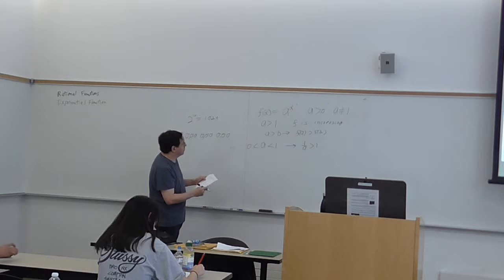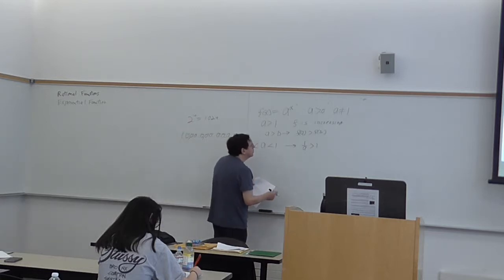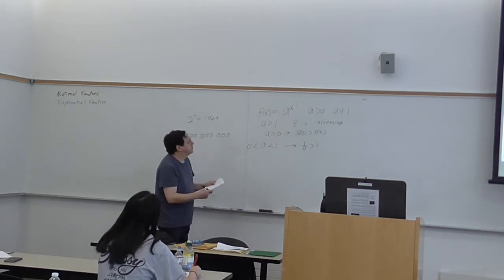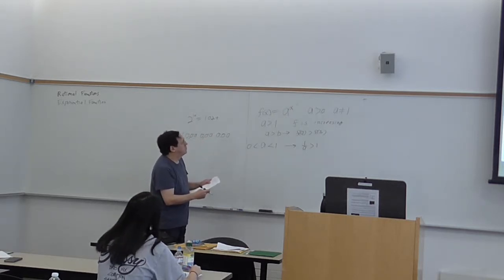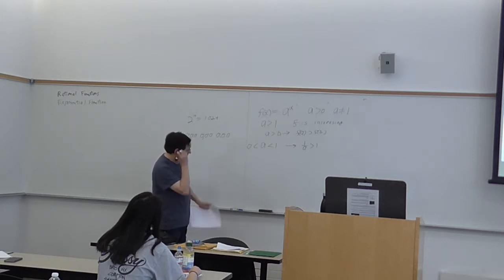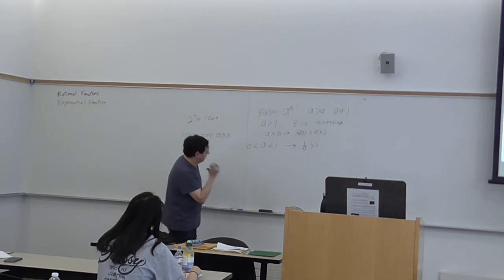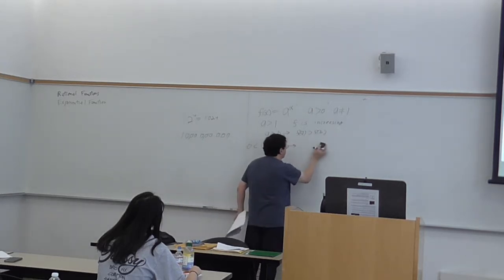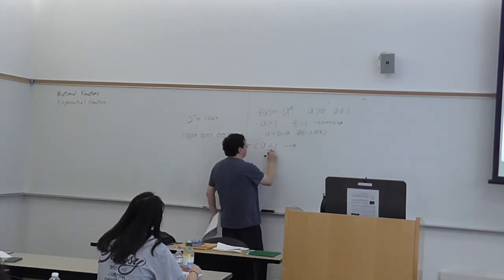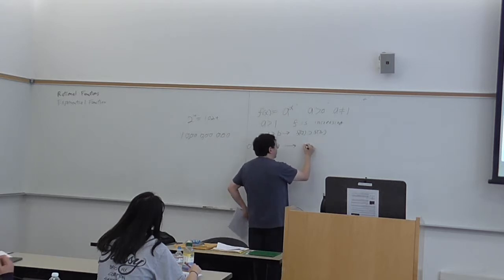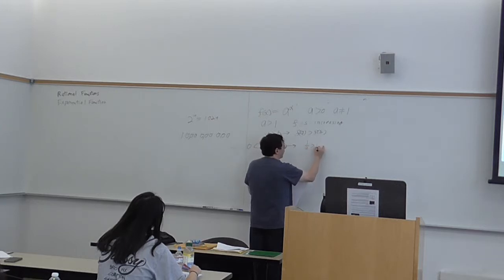What am I trying to say here? I guess what I'm trying to say is if A is less than 1, then 1 over A is greater than 1.